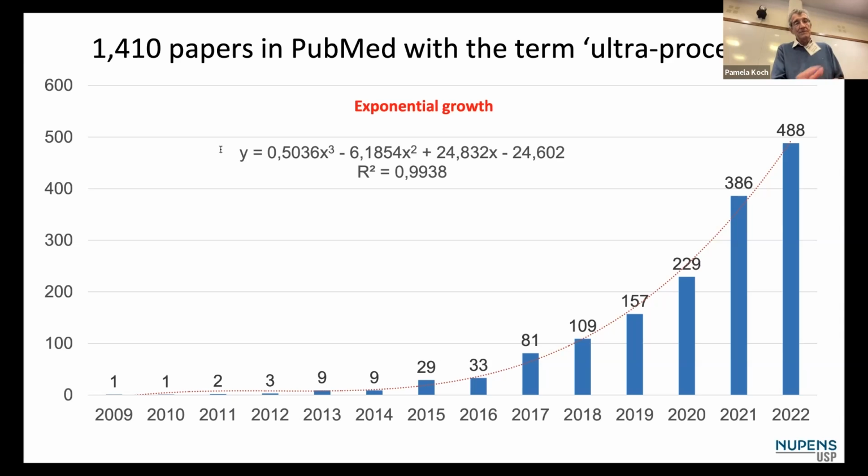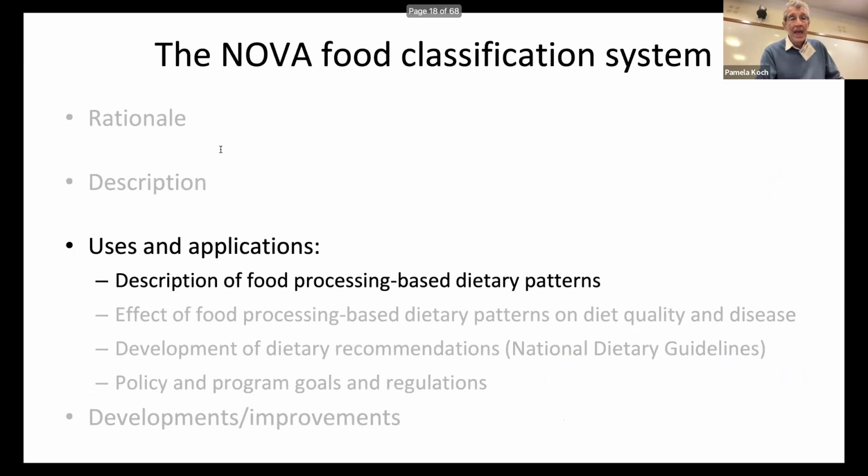So it took some time for other groups in the world to start using NOVA. But in the last 4 or 5 years, there has been a sort of epidemic of papers using NOVA, right? So exponential growth, literally exponential growth. And now I will summarize for you this literature on the use of NOVA.